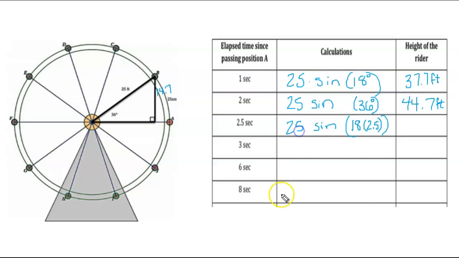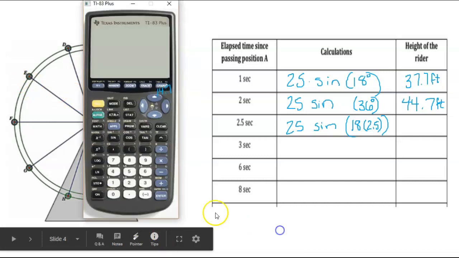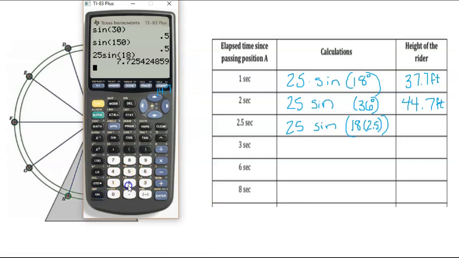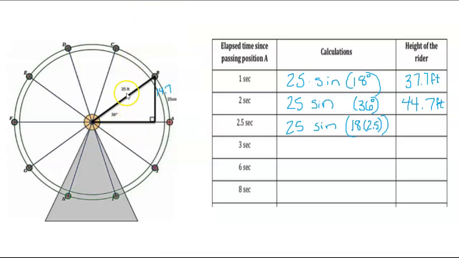And so if we do 25 times the sine of 18 times 2.5, so that's going to tell me how many degrees we've traveled in 2.5 seconds, we get that that height is 17.7.